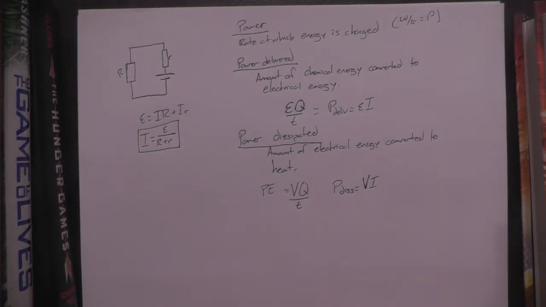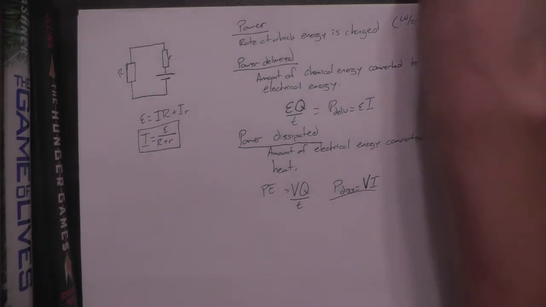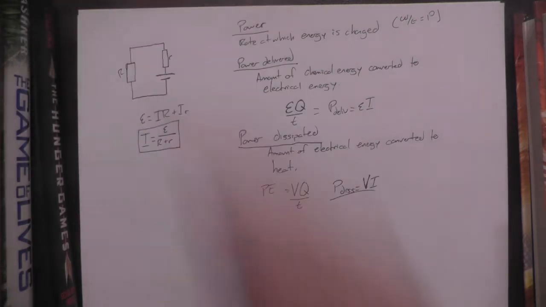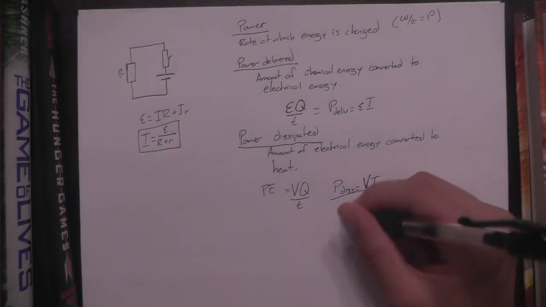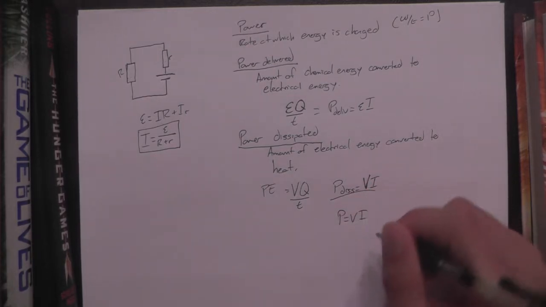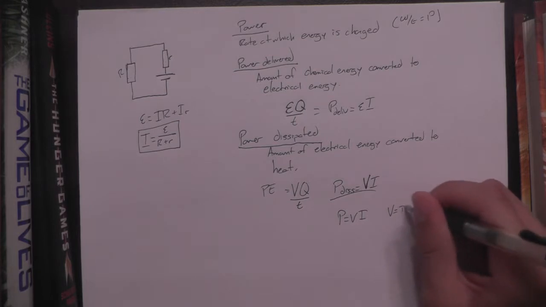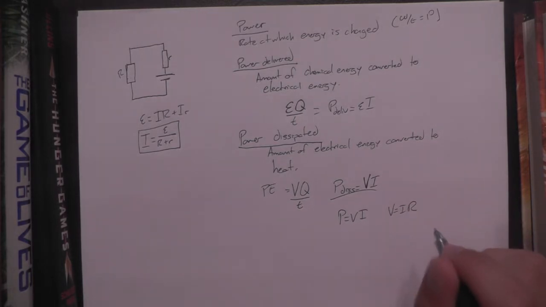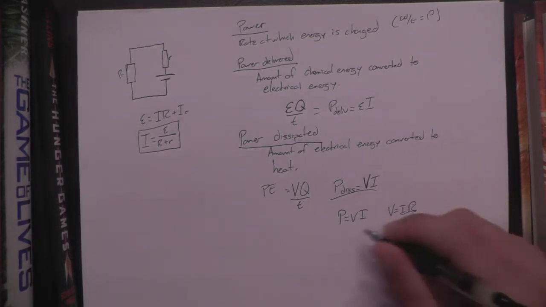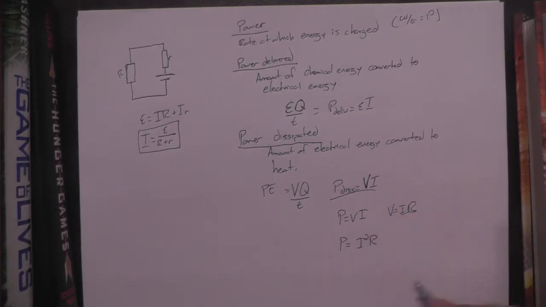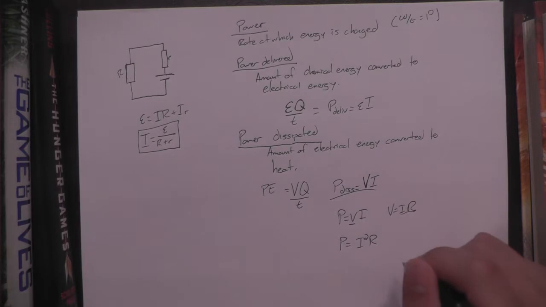Now that is a useful equation right there, because you can go and combine that with Ohm's law and rearrange it to get other formulas. Say for instance we know P equals VI, but we also know that V equals IR, so if we inserted IR for V, now we know that P equals I squared R, if we didn't have the potential difference but we had the resistance.